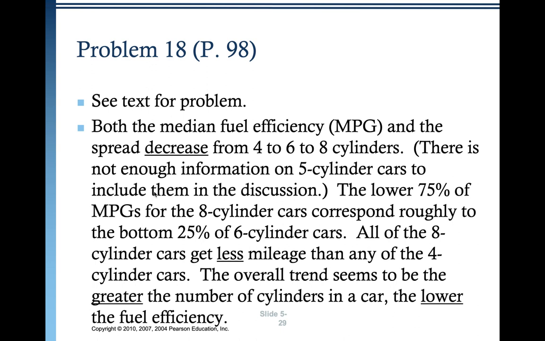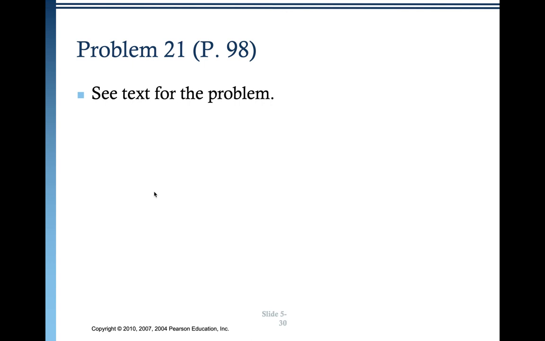The lower 75% of miles per gallon for the 8-cylinder cars correspond roughly to the bottom 25% of 6-cylinder cars. All of the 8-cylinder cars get less mileage than any of the 4-cylinder cars. The overall trend seems to be the greater the number of cylinders in a car, the lower the fuel efficiency.